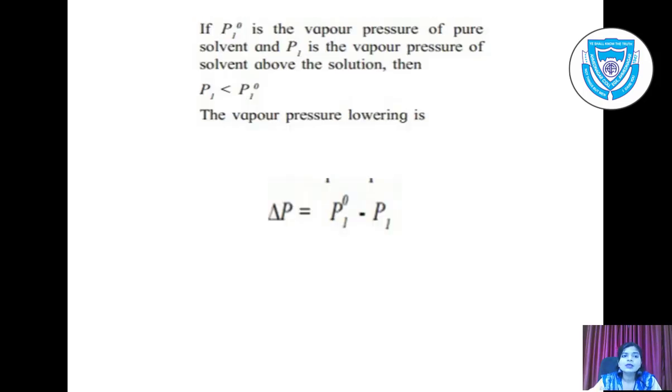Mathematically we'll see now. If P01 is the vapor pressure of pure solvent and P1 is the vapor pressure of solvent above the solution. Again, P01 is the vapor pressure of pure solvent, and for the solution we have P1.